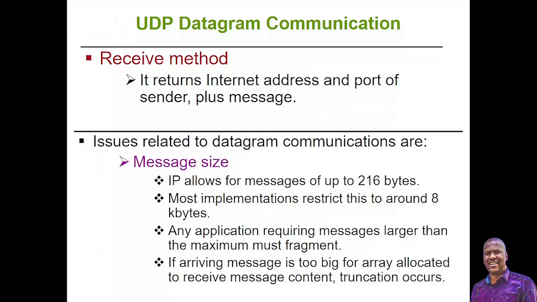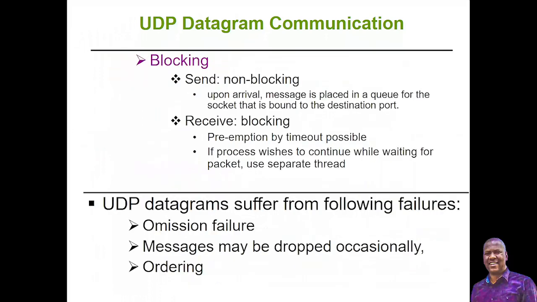So when we have a distributed system using UDP, you'll really have very fast communication. We also looked at synchronous and asynchronous communication. They suffer from omission failures: packets can be omitted, messages can be dropped, and ordering is not taken care of.